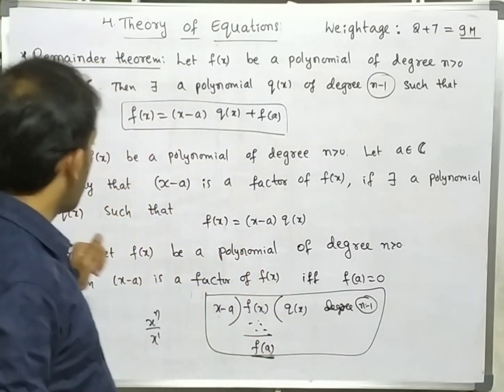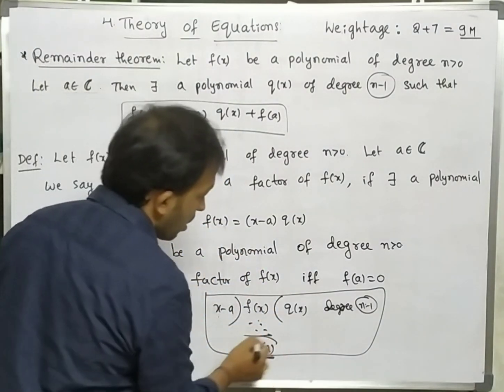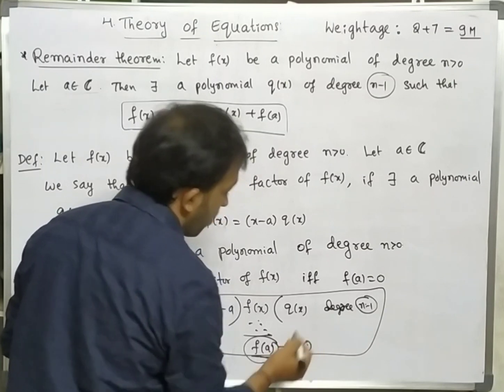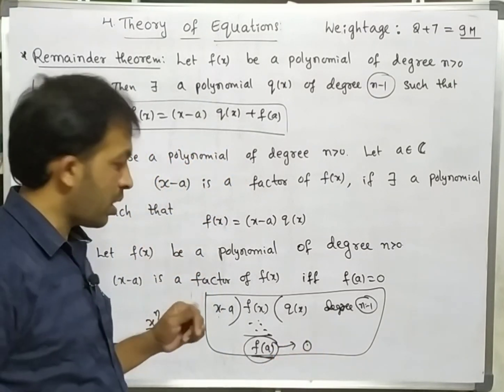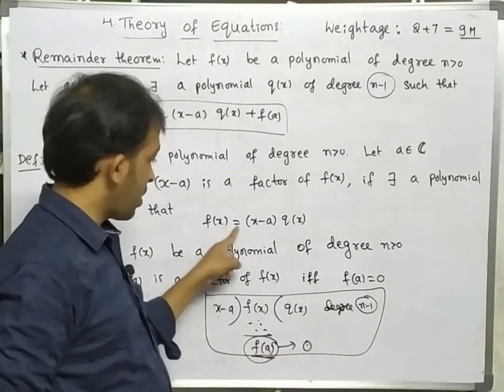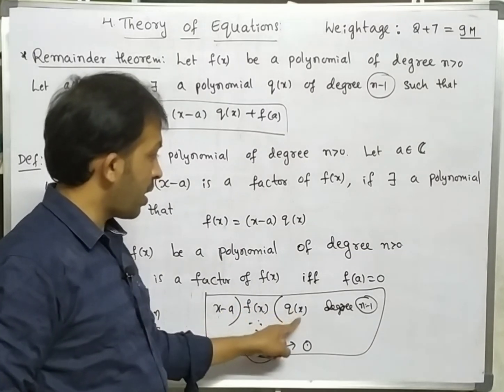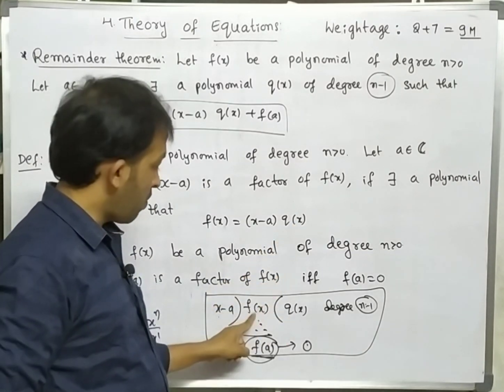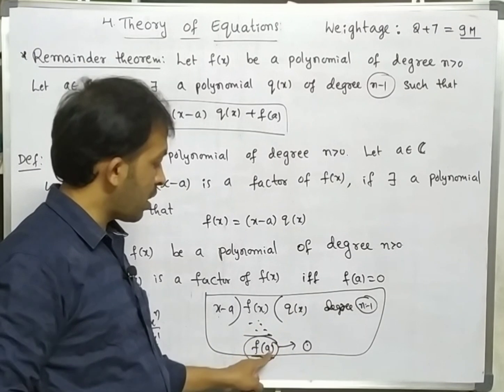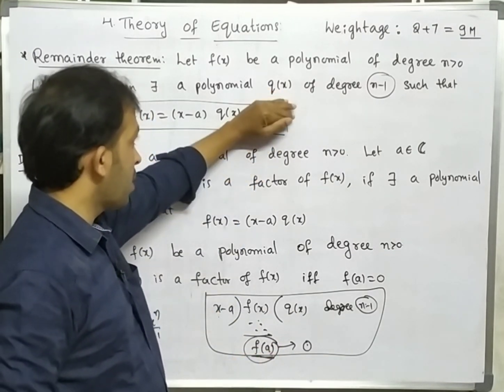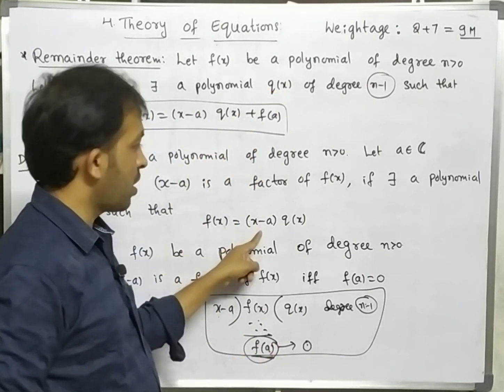Now if this remainder is 0, then f of x is equal to x minus a into q of x plus f of a, where f of a is 0, so this vanishes and we get f of x is equal to x minus a into q of x.